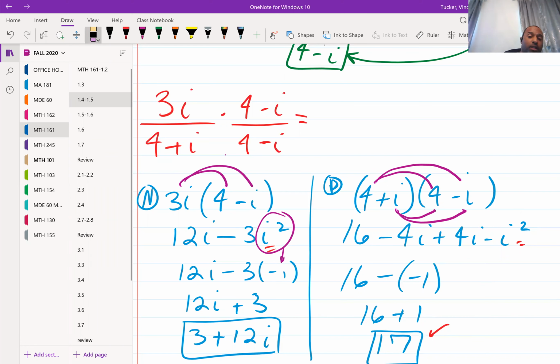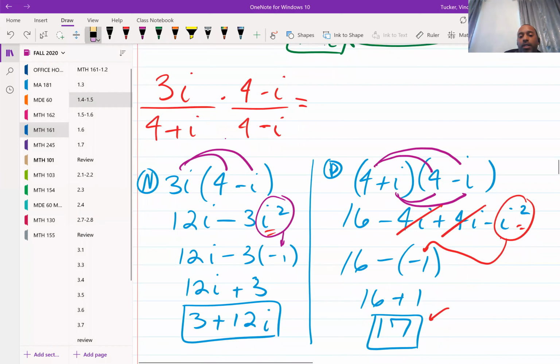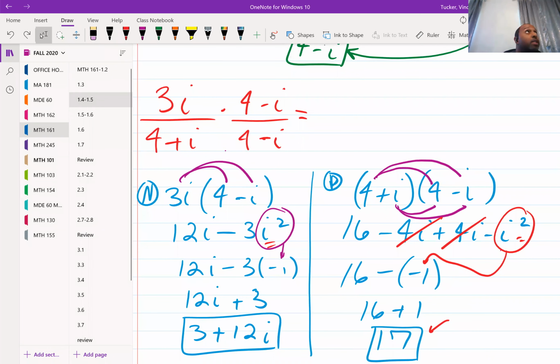So that's why we initiated the conversation of complex conjugates first, because multiplying complex conjugates will get rid of the imaginary part. And so that removes the imaginary part in our denominator. So that 4i and 4i will cancel because it's negative 4i plus 4i. i squared once again is negative 1. 16 minus negative 1 is 16 plus 1, which is 17.